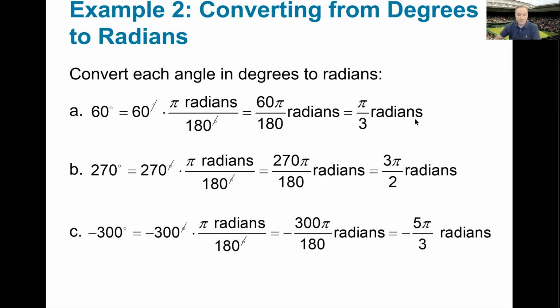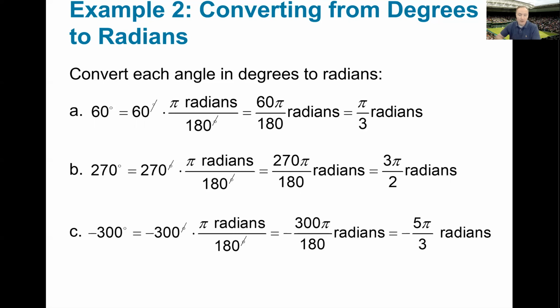Now, whenever you're putting your final answer, if your answer is in terms of degrees, you must put that degree sign. If your answer is in terms of radians, you don't have to put it. So I put it here, but if I just put pi over 3 without writing radians beside of it, it's implied to be in radians.